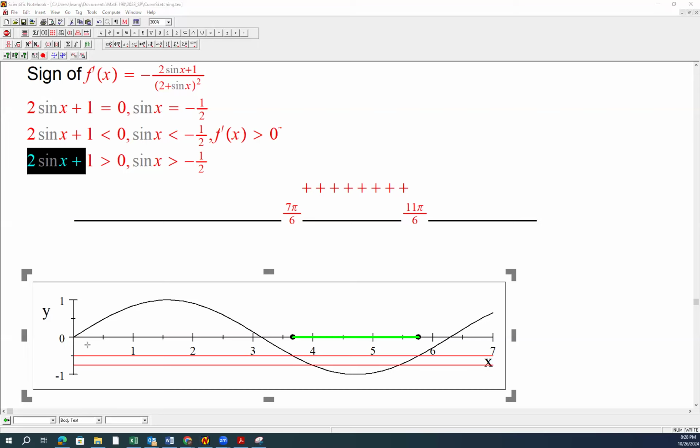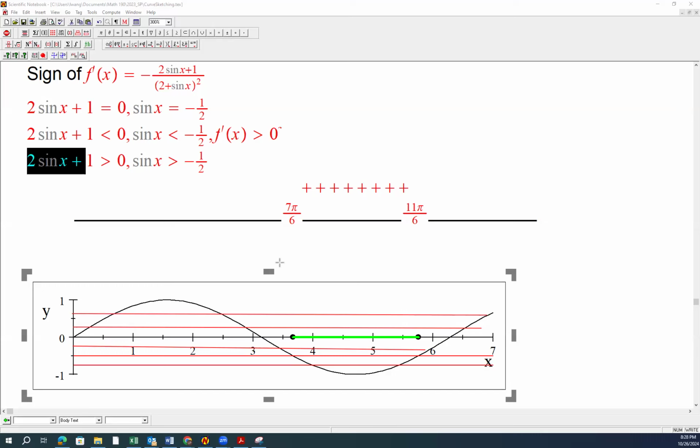This is a negative half, and all of these, oops, sorry, I'm going to use a red line. So all of these reds certainly are above negative half. The output is larger than negative half.